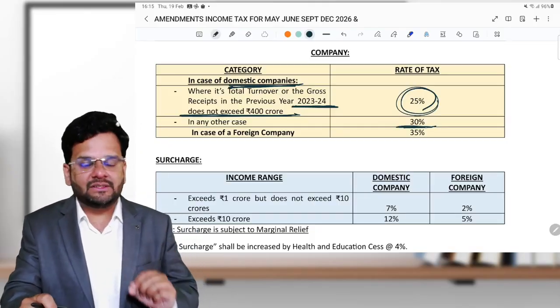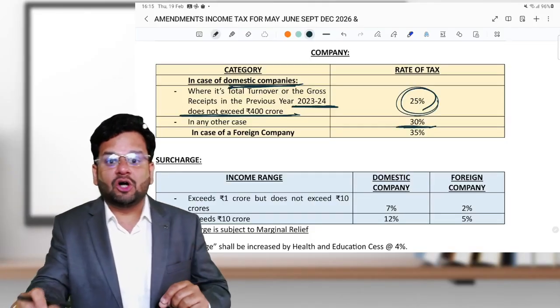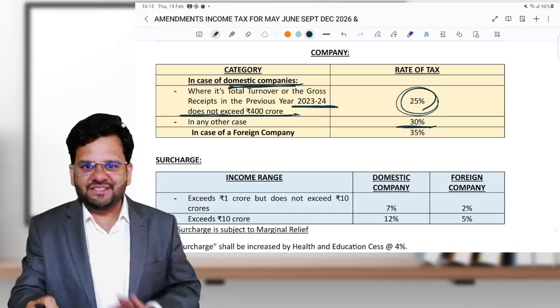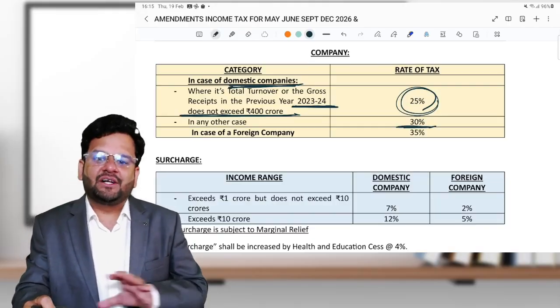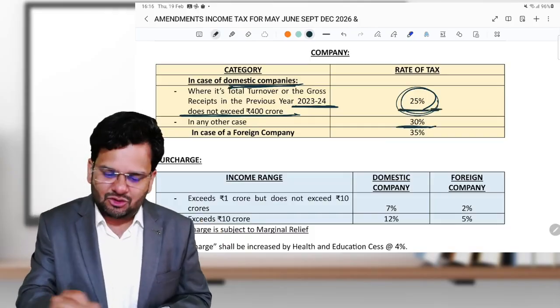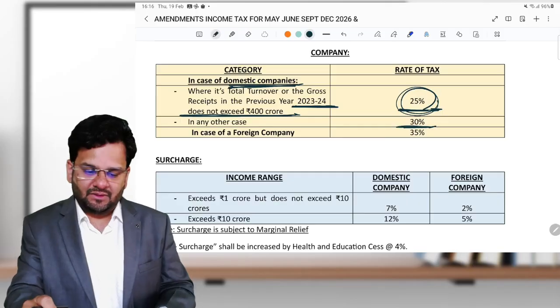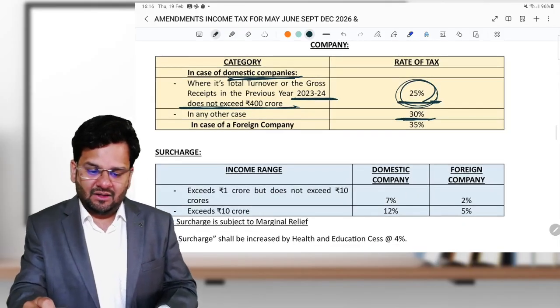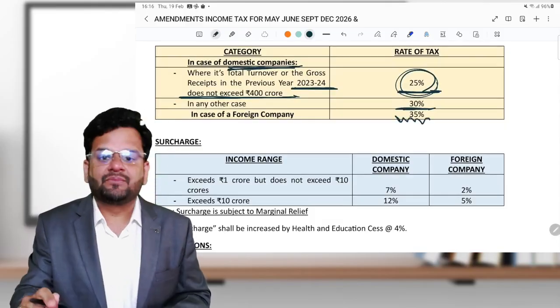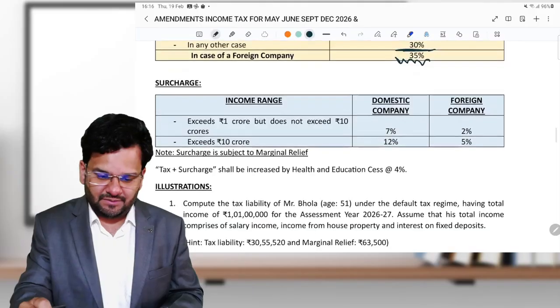It's a turnover criterion, and the turnover of the last to last financial year. Okay, if it is within 400 crores, then the concessional rate of tax is there, that is 25%, otherwise 30%. Then for a foreign company, the rate of tax is 35%.